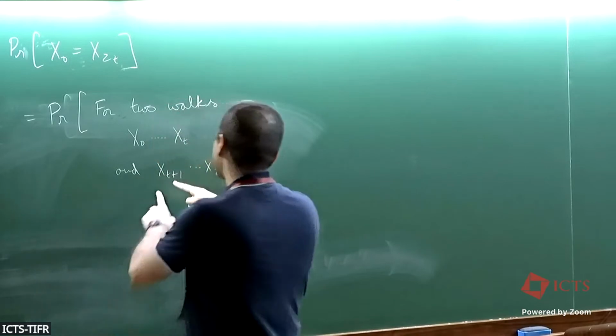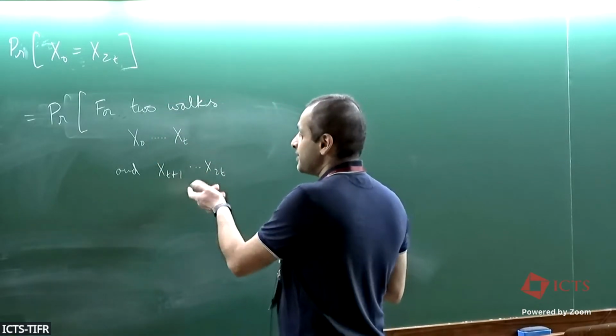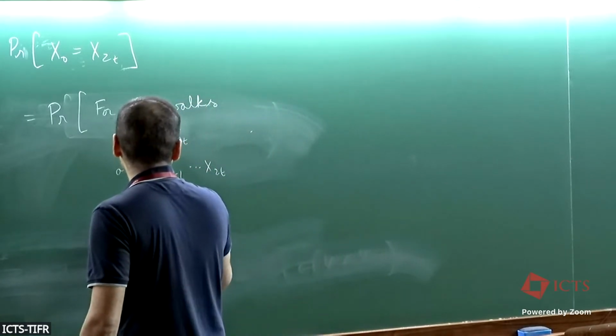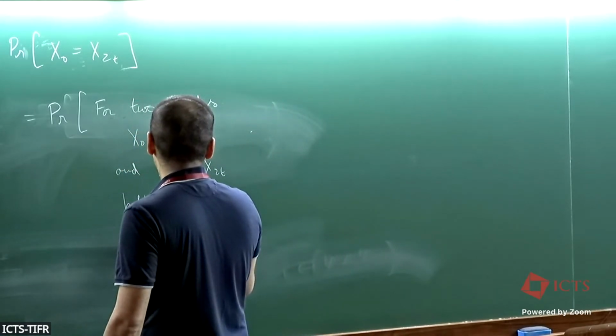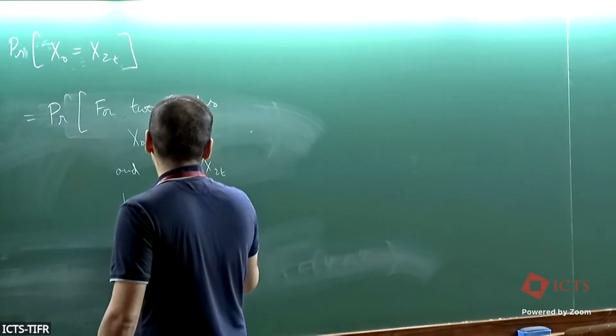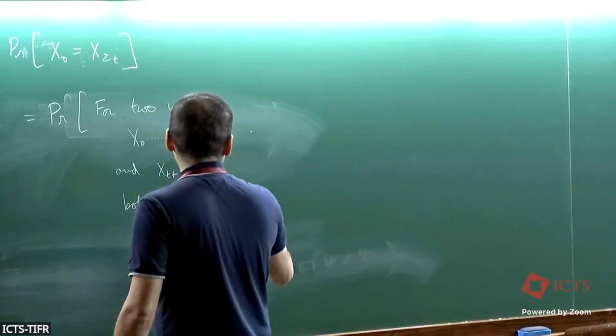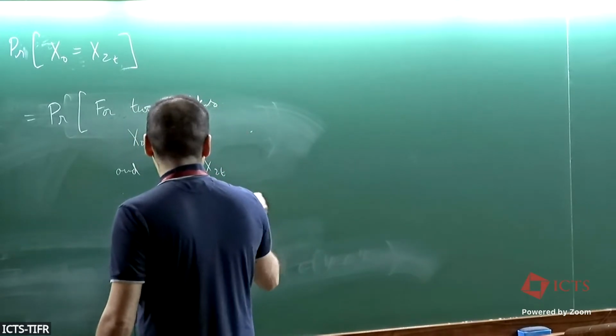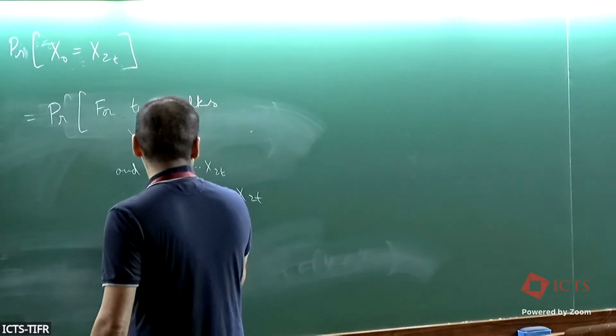Right, so there's the returning walk, which I can now reverse. Both satisfy x0 equals x2t as such.